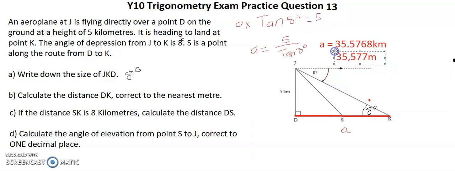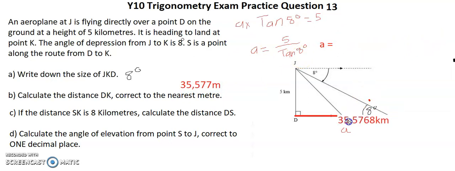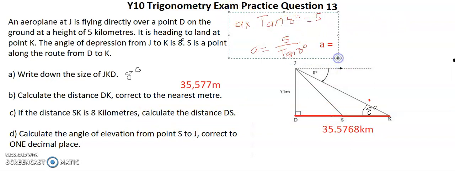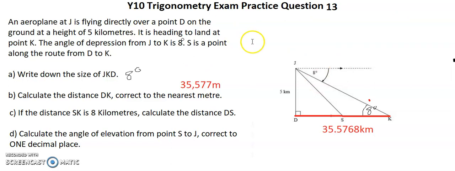Okay, so we know our part B, our second question. Then it asks me the following. It says, if the distance of S to K is 8 kilometers, calculate the distance from D to S. Okay, so this means that we know the total distance from D to K is 35.57 kilometers.